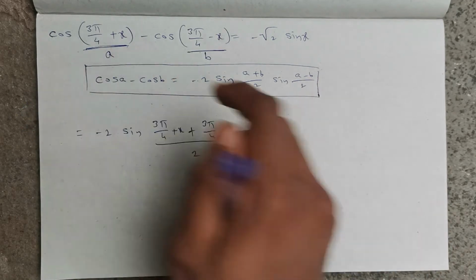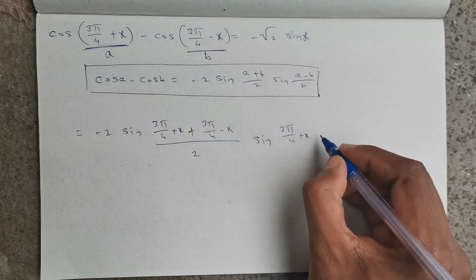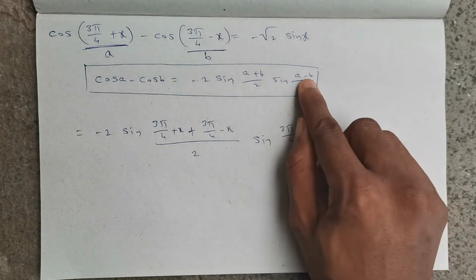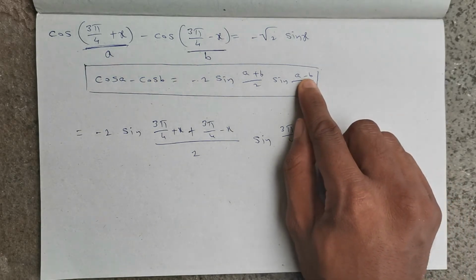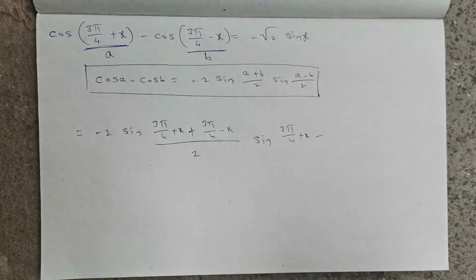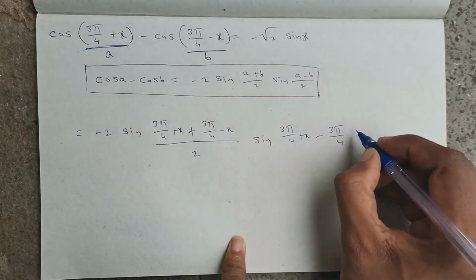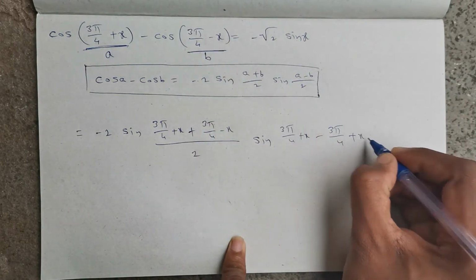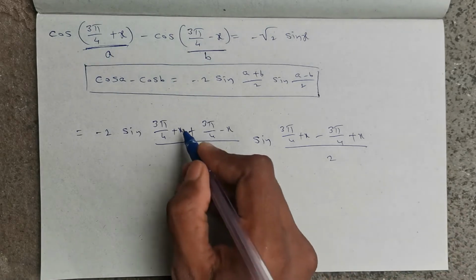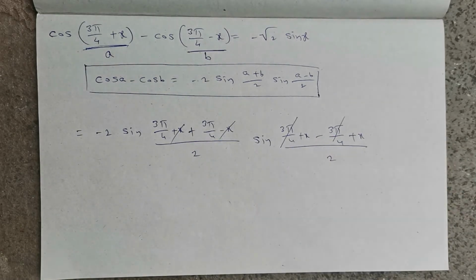A value is 3 pi by 4 plus x minus, see here we are applying minus, so every term will change the symbol. Plus 3 pi by 4 will become minus 3 pi by 4, minus x will become plus x, divided by 2. Here plus x minus x cancel, plus 3 pi by 4 minus 3 pi by 4 cancel.